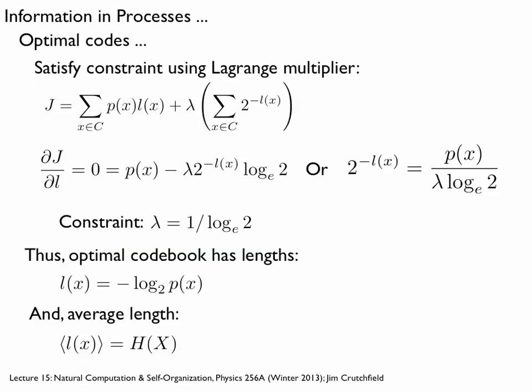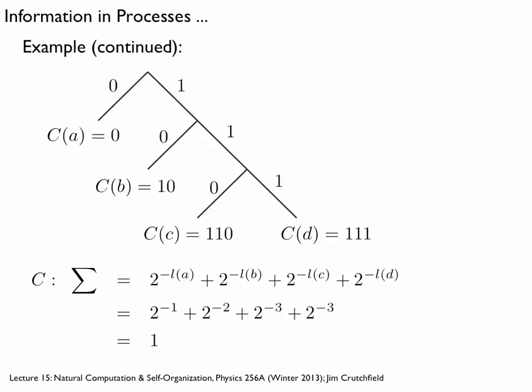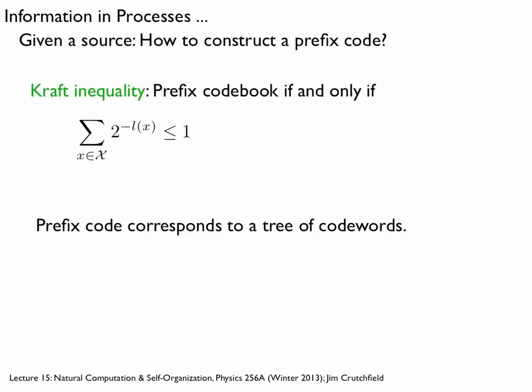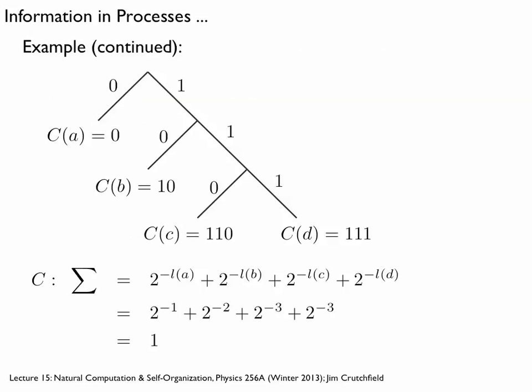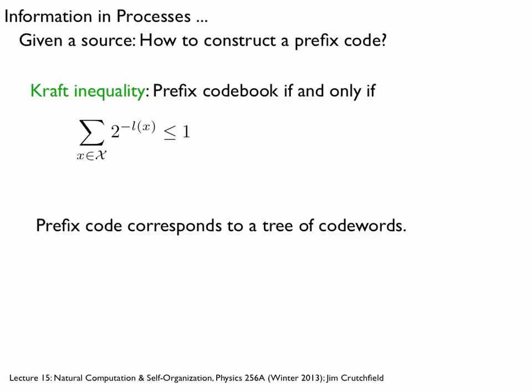So the Kraft inequality, the way to think about it, right, we're just summing up the lengths in terms of powers of a half. Think about that upper bound, 1, as the total amount of code mass, if you will, and we're trying to distribute it among code words.